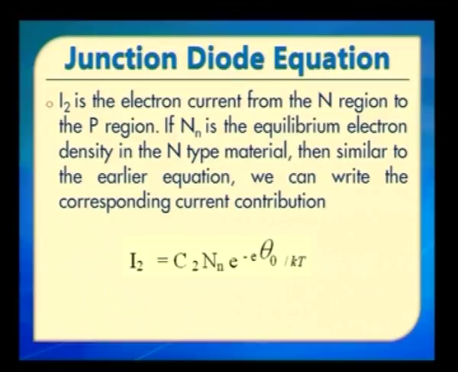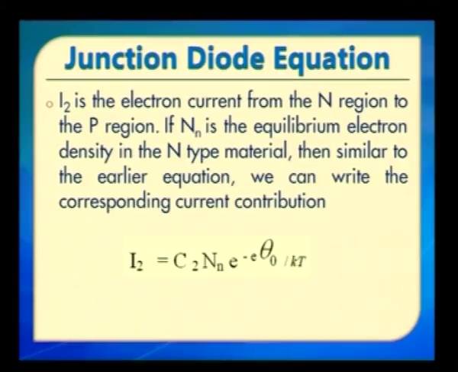Now, the other two contributions are I3 and I4, the currents due to the minority carriers. The majority carrier current means what? The holes flowing from the p side to the n side. I2 will be the electrons which are flowing from the n side to the p side.